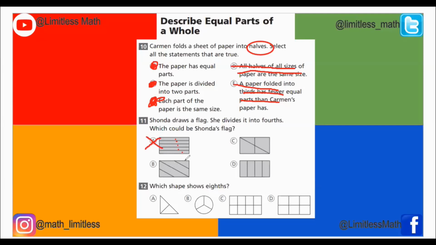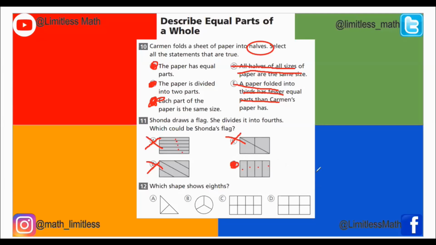B does not have equal parts. Those parts are unequal. So it can't be Shonda's flag. C has 1, 2, 3, 4 parts, but they are also unequal, so C cannot be Shonda's flag. D has 1, 2, 3, 4 equal parts, so this could be Shonda's flag.